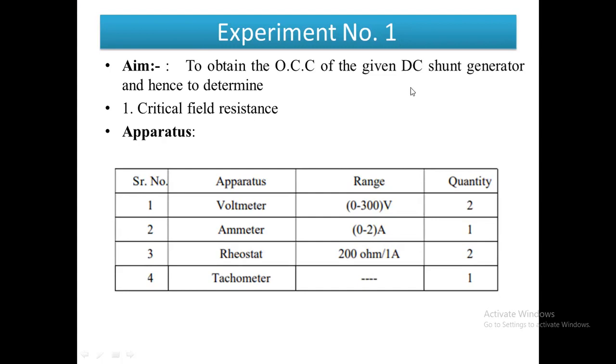These are the apparatus required for performing this test, to obtain the OCC characteristics, or magnetization curve, of a DC shunt generator.